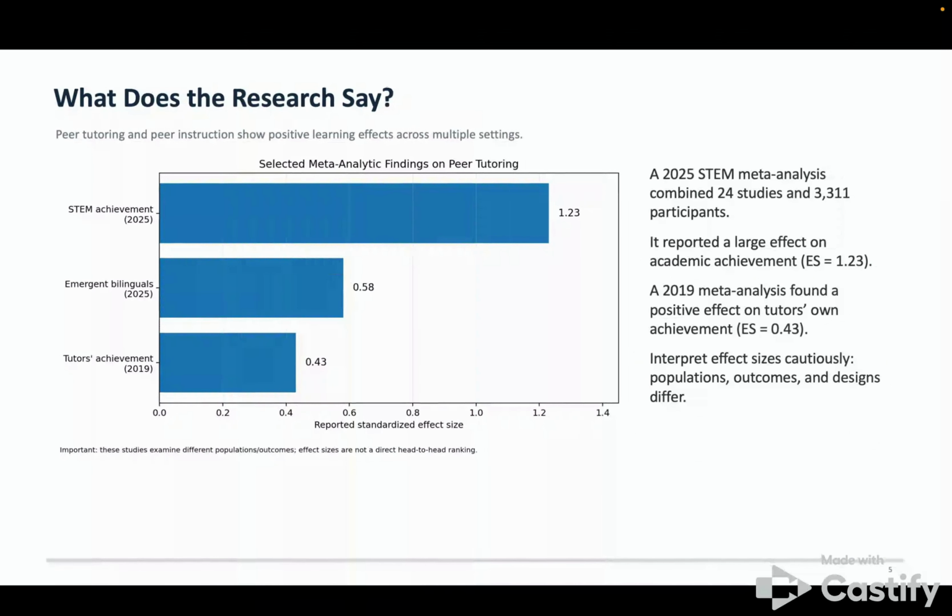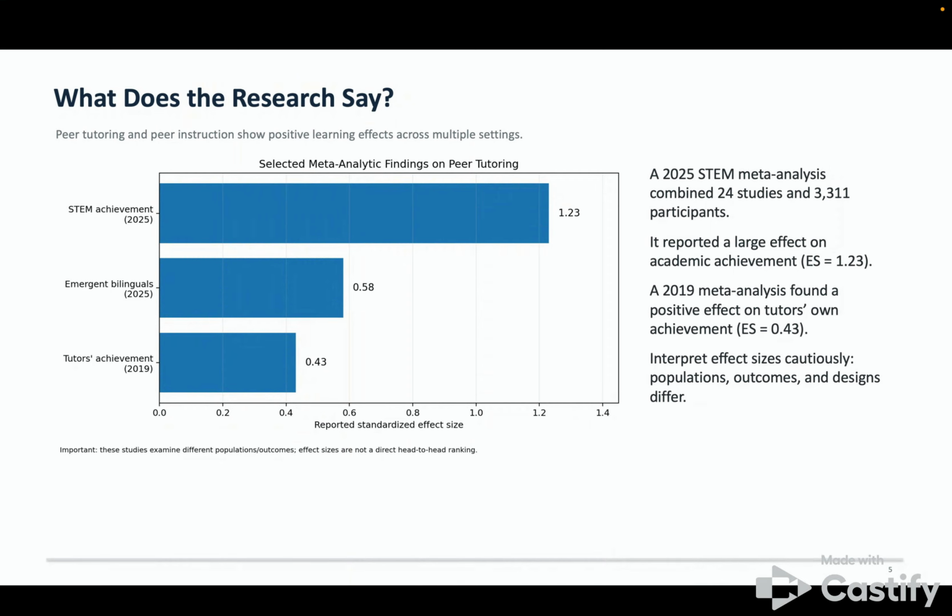So what does the research say? There's a significant amount of research examining peer tutoring and peer instruction. For example, a 2025 meta-analysis examining peer tutoring in STEM education combined 24 studies involving more than 3,300 participants. The researchers found a positive effect on academic achievement.